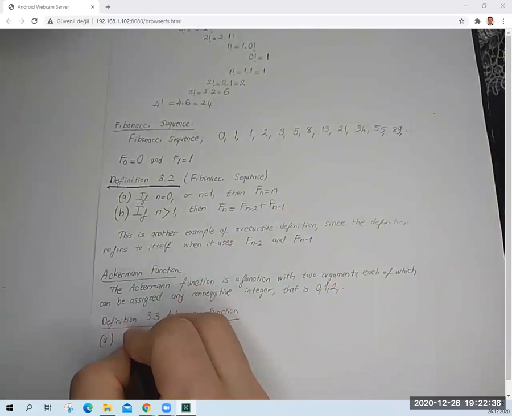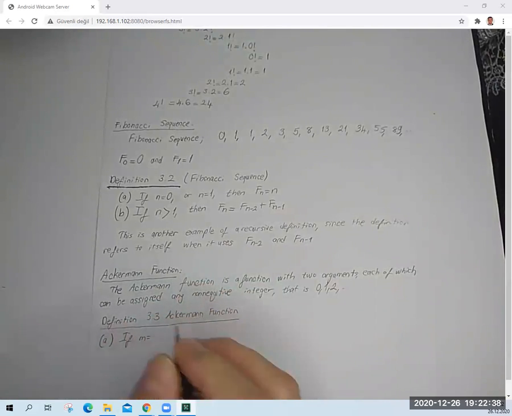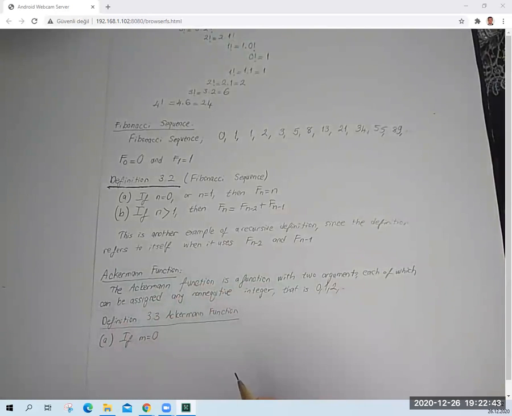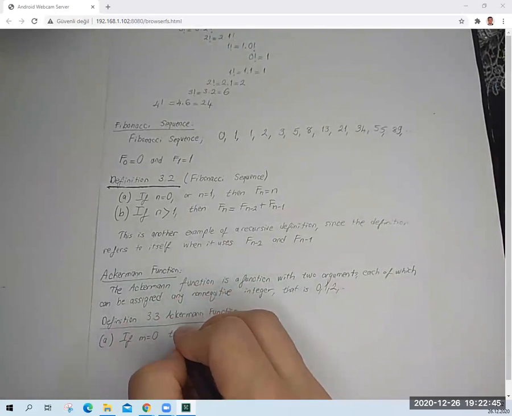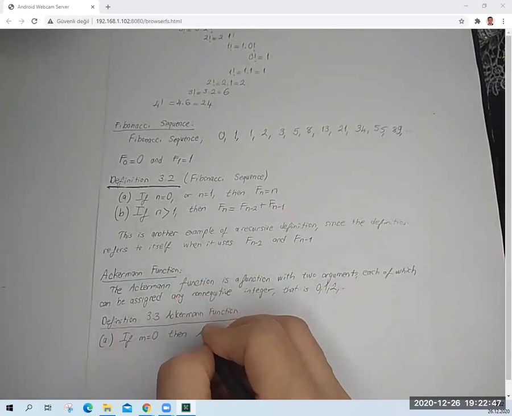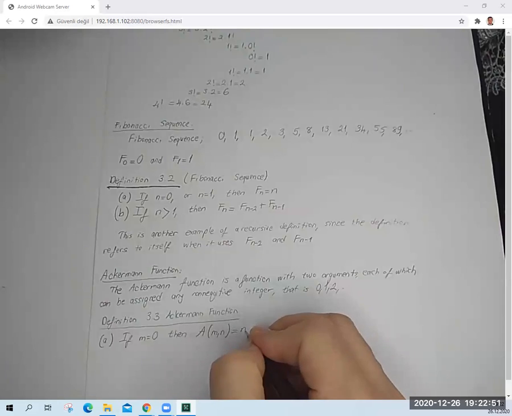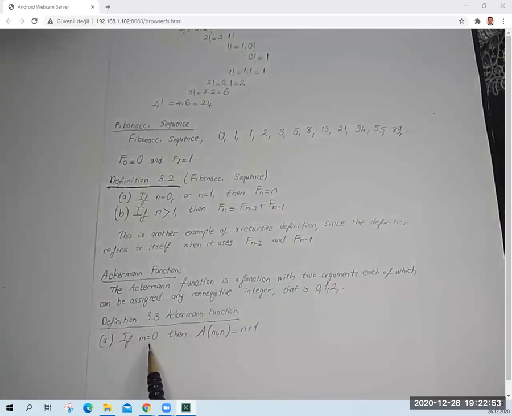If m is equal to 0, then we have a condition again. Then A(m, n) is equal to n plus 1. For that condition, if m is equal to 0, the result is going to be n plus 1.